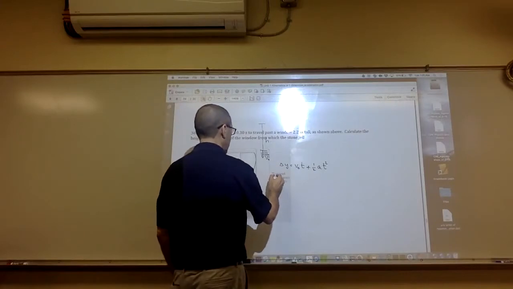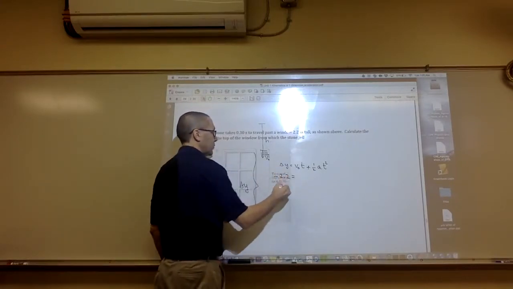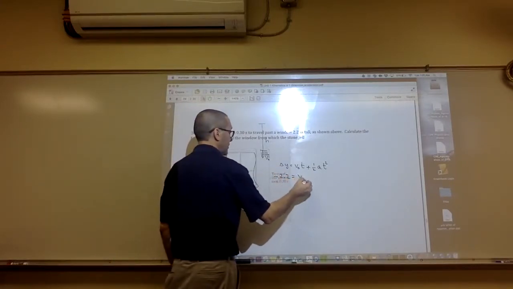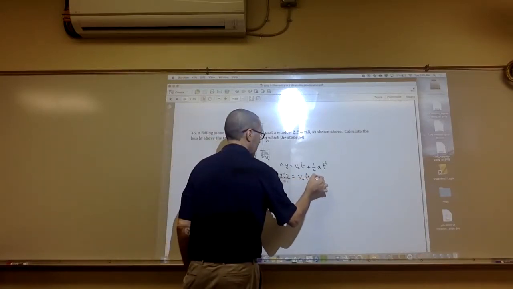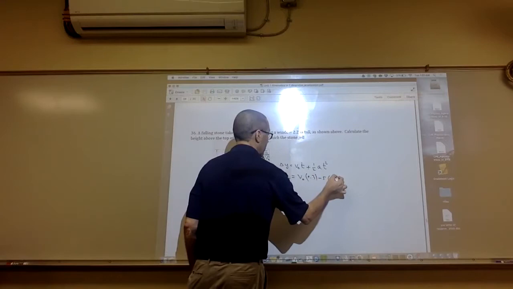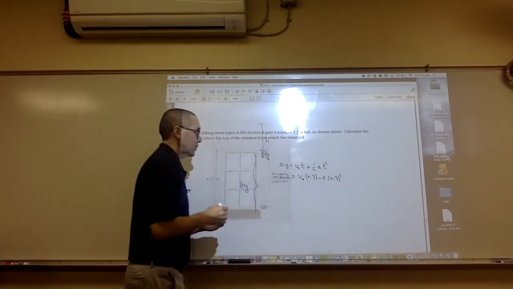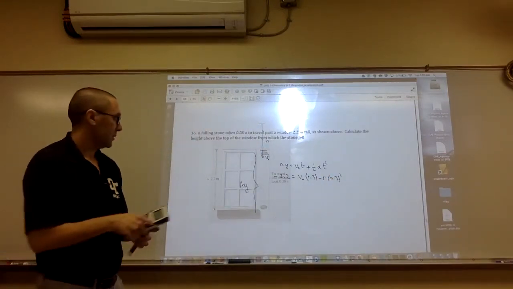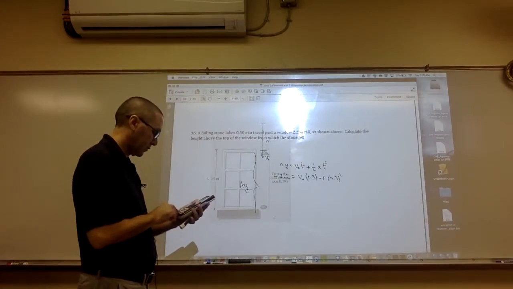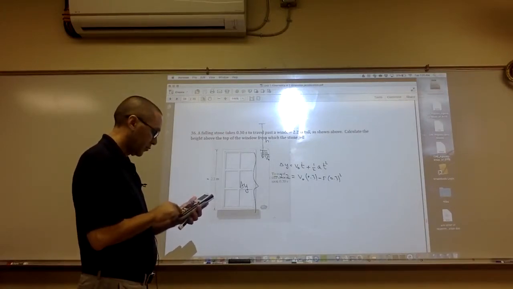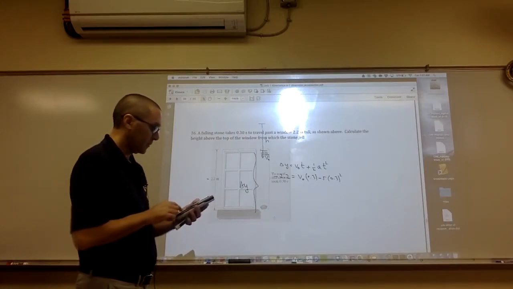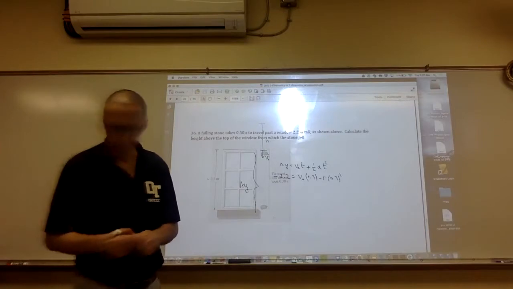So delta y is negative 2.2 equals, now we don't know this VO, VO times the time 0.3 seconds, minus 5 times 0.3 squared, which I think we can do easily. So I'm going to try negative 2.2 plus 5 times 0.3 squared. We divide that by 0.3, and we should get negative 5.83.